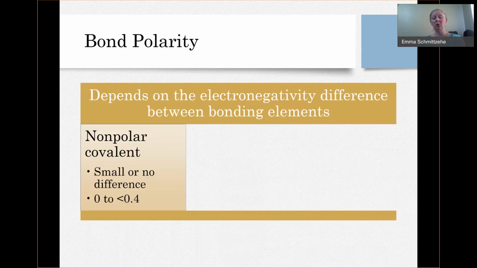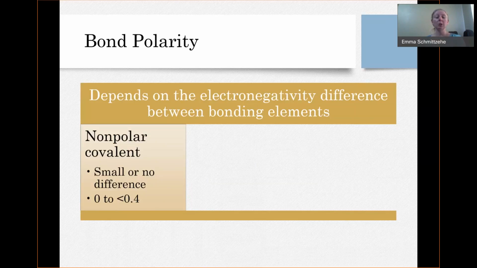That would be when the 2 elements that are bonding have either no difference in electronegativity or a very small difference, okay? And so no difference could be because you actually have 2 atoms of the same element bonded together. That for sure, if it's the same element, it's the same electronegativity, so it's definitely a nonpolar covalent bond.